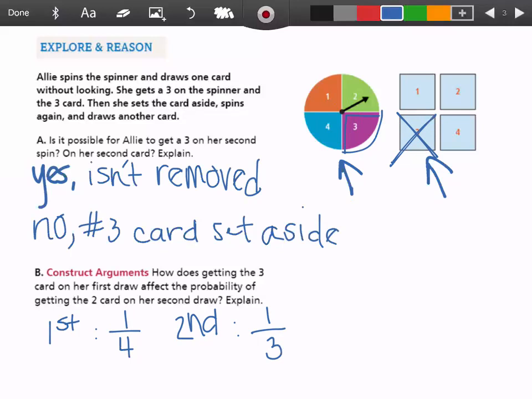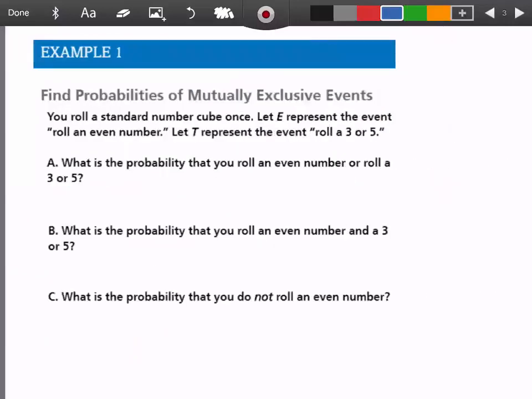So now let's go to this example. Find the probabilities of mutually exclusive events. So again, things that can't occur at the same time. You roll a standard number cube once. A standard number cube is like a die, so you could roll it and get 1, 2, 3, 4, 5, 6.